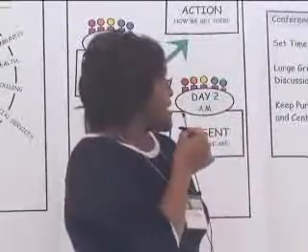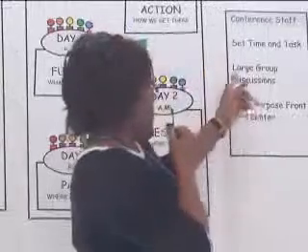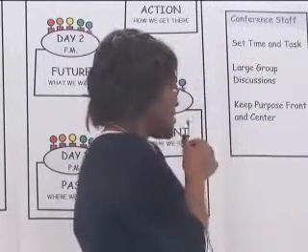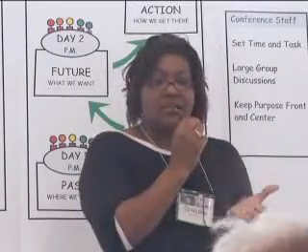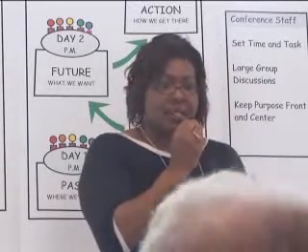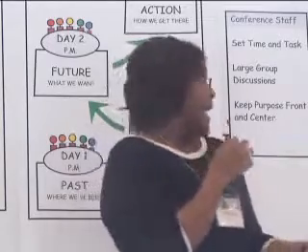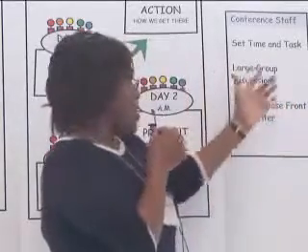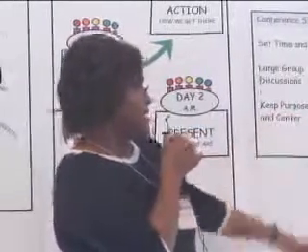Bengt and I will do this: we will set the time and the task. We will also manage the large group discussions. Right now you're sitting in one of 3 constellations that this conference works in. Mixed group, stakeholder group, large group. And we will manage the discussions in the large group. We will also help to keep the purpose front and center.